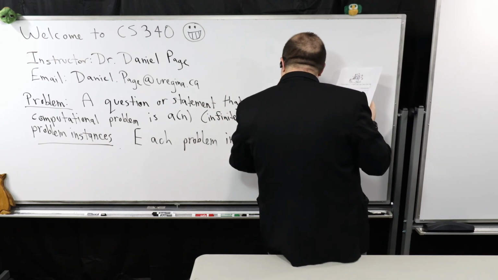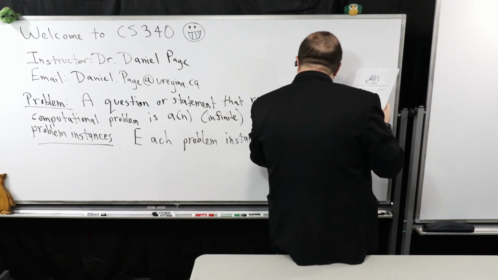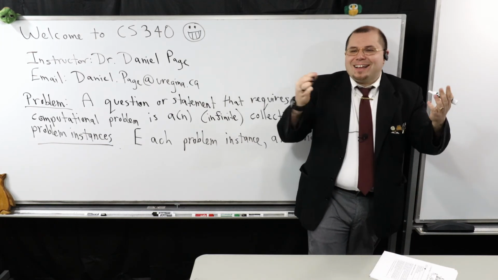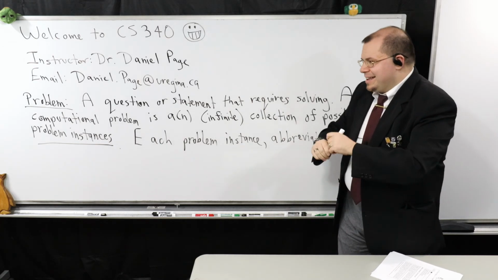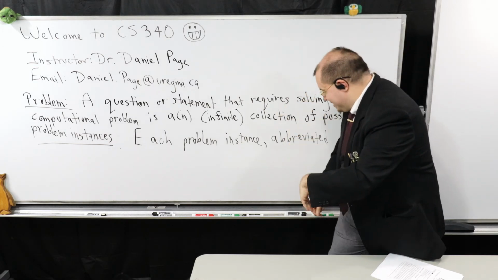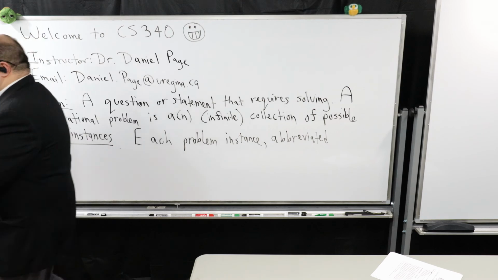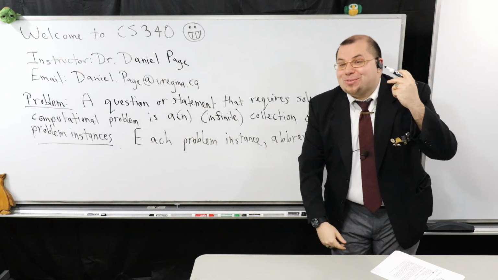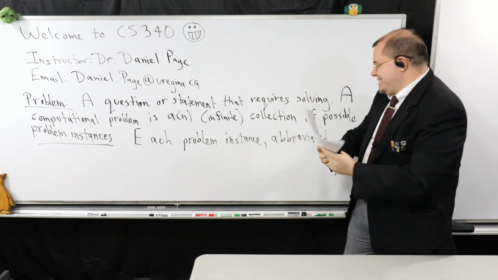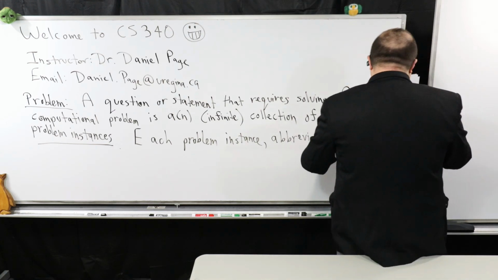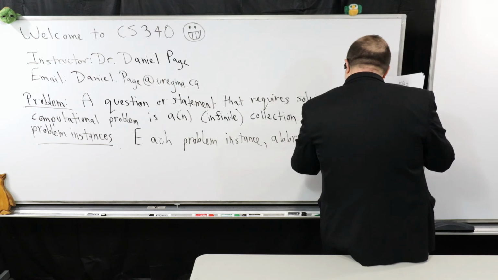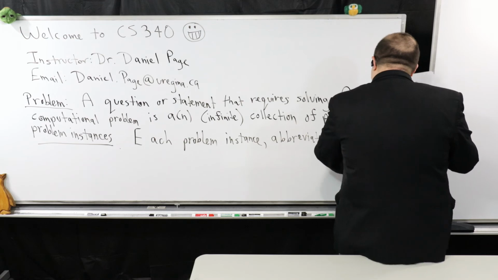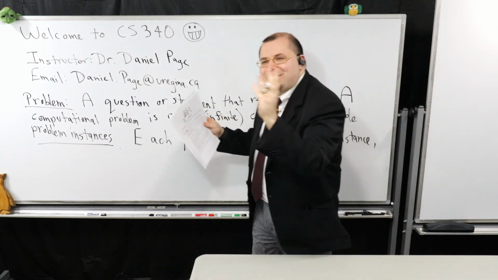So if ever I'm saying instance, I'm meaning problem instance. Okay, I'm going to switch this marker too. Like I said, I have some weird luck today. Let's keep going. I'm hoping number 3 won't be as bad. Let's do this. Abbreviated instance. Okay, that one's much better. Very good. Phew. I didn't want to keep chucking markers.